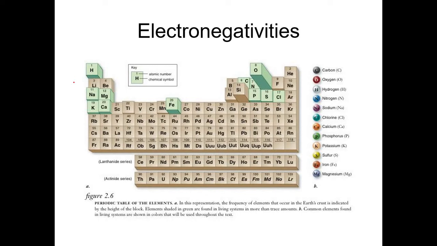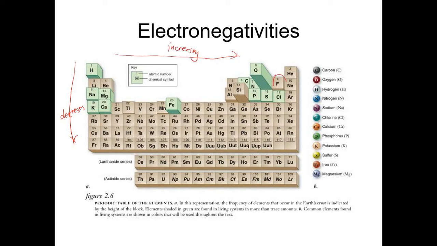So for electronegativities, the electronegativity decreases as you go down the periodic table. This is generally not for all because there are some anomalies in the periodic table. So as you go down, it's decreasing electronegativity. And then as you go to the right, it's increasing electronegativity.